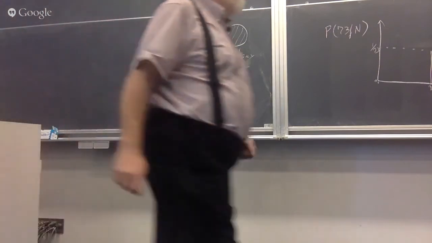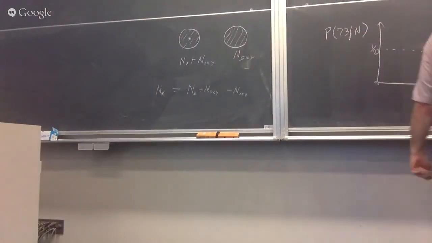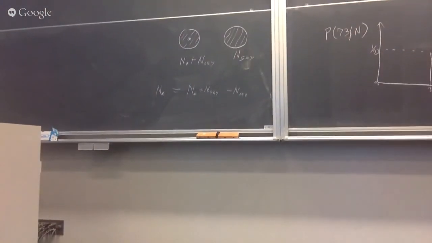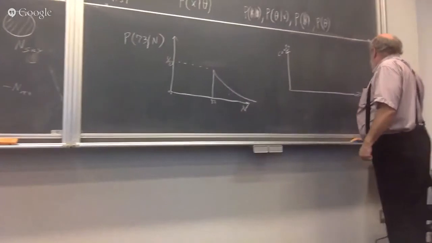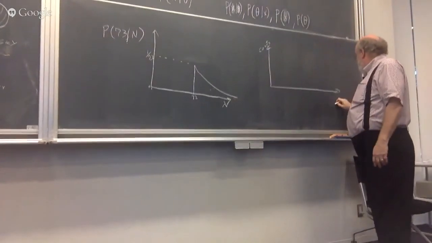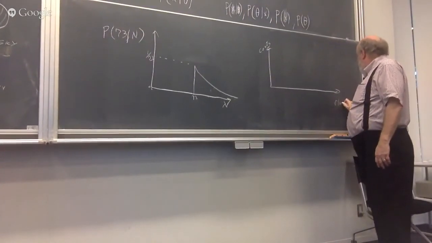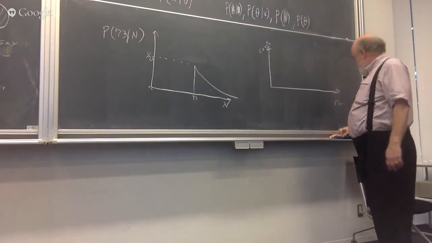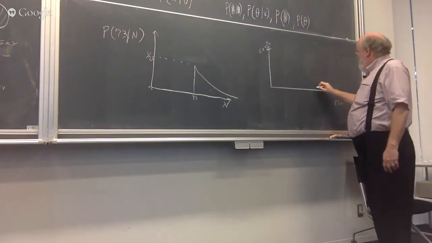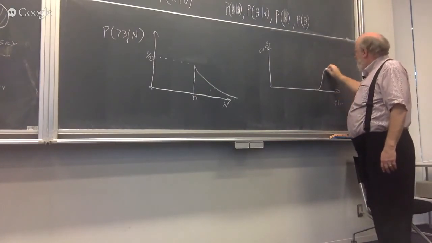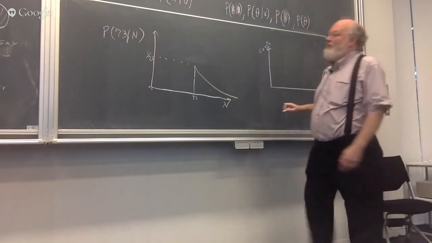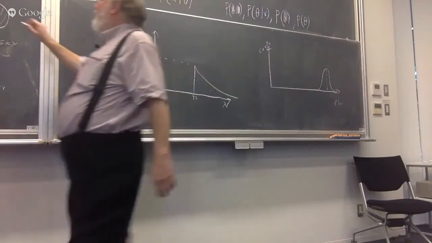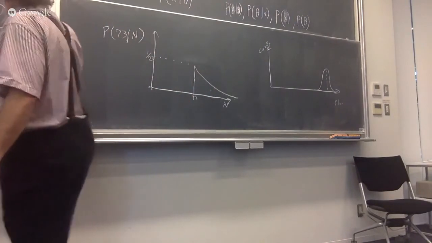So what I'm sort of doing here is, here's counts, and let's call this aperture 1, aperture 2.